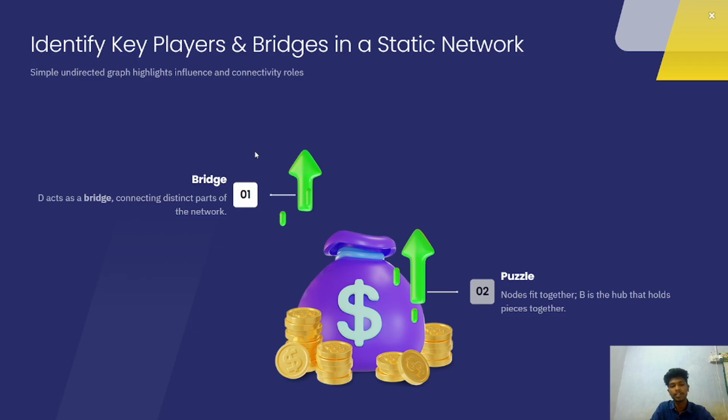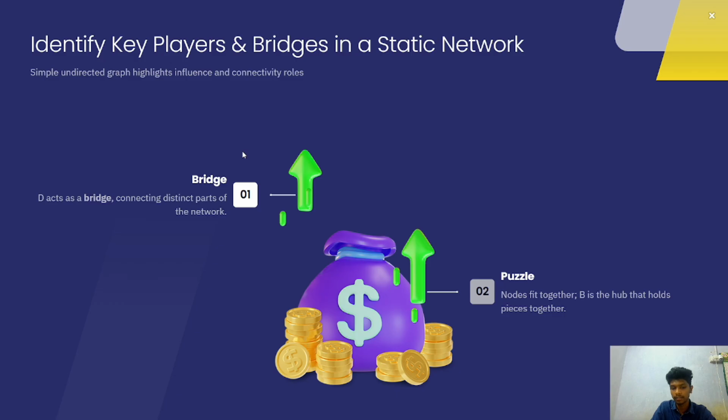Before looking at the applications, it is crucial to understand how SNA identifies the most important components in static graph networks. First of all, we have to look at the player. A key player is a node that is highly connected and central, often referred to as a hub. For example, node B acts as a hub, holding pieces together.